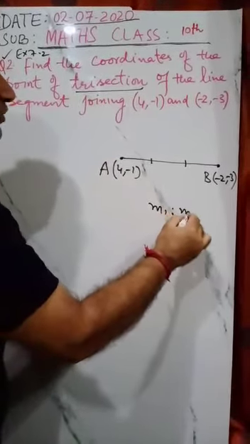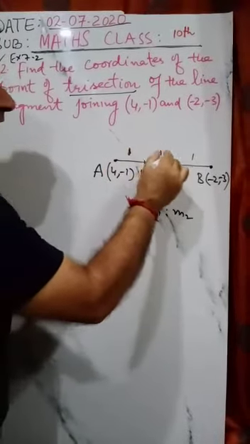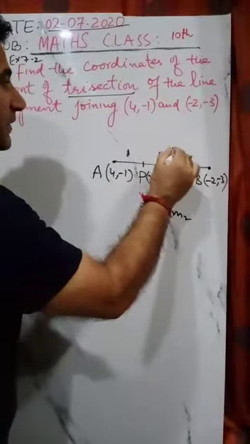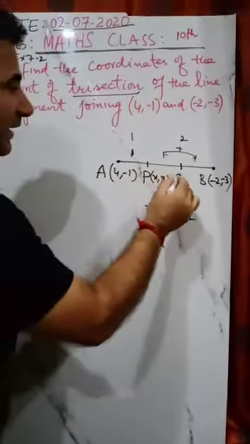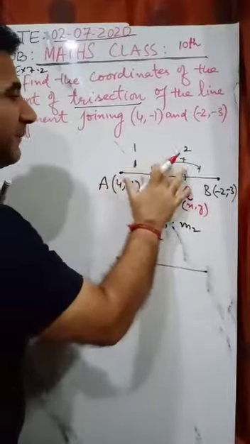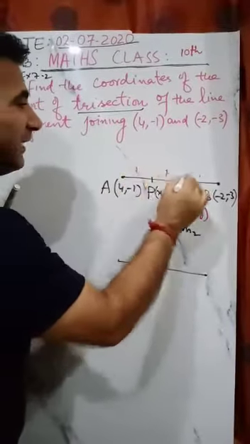So first of all we take the ratio. Suppose this is the point P(x, y) that divides it: this is 1, and then 1 plus 1 we get 2, so the ratio will be 1 is to 2. If I take Q(x, y) here, then the trisection will be like this, 1, 1, 1, and combining these two we get 2 is to 1.